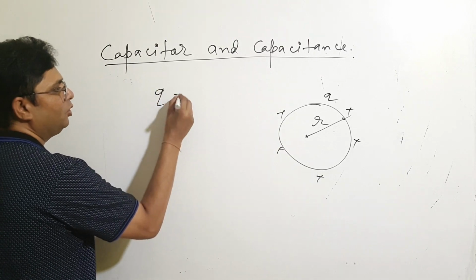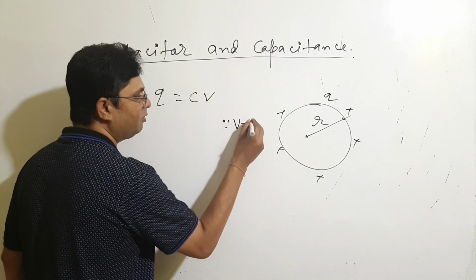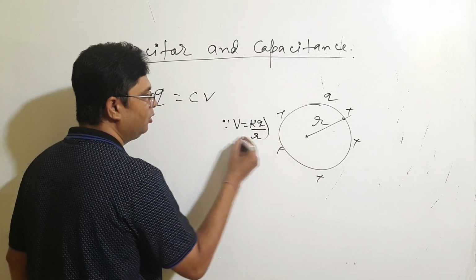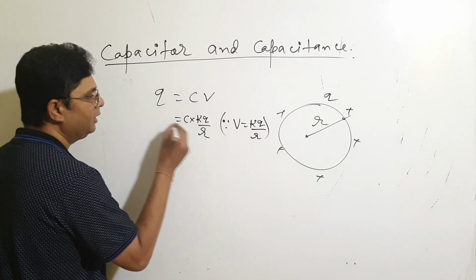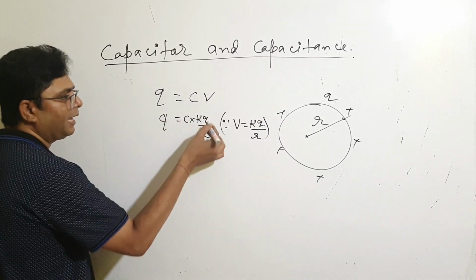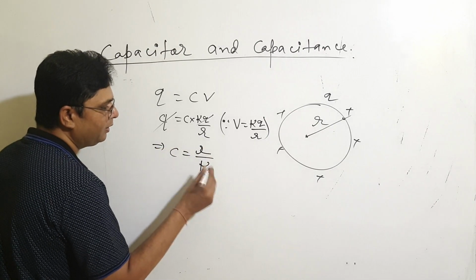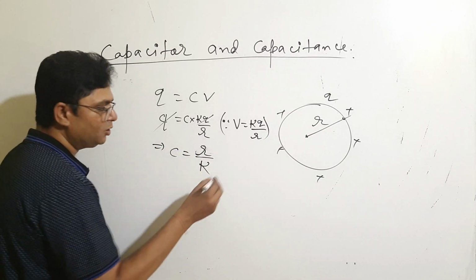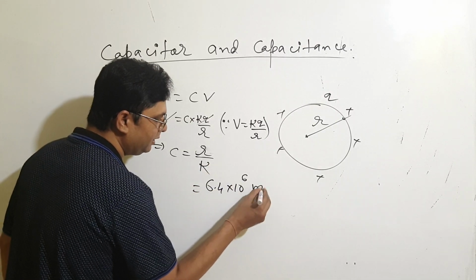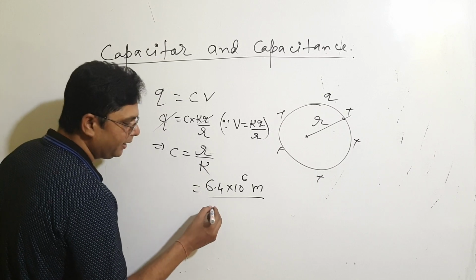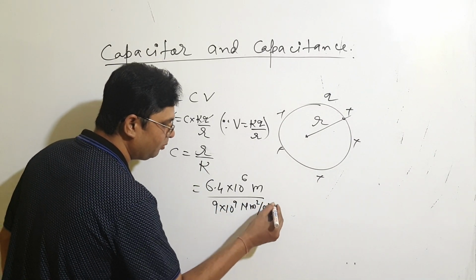You know the formula Q equals C into V. And you know from the previous lecture V equals KQ upon R. So put the value here: Q equals C into KQ upon R. Cancel this Q. So you have C equal to R upon K. You know that radius of earth is 6.4 into 10 to the power 6 meter, and the value of K is 9 into 10 to the power 9 newton meter square per coulomb square.